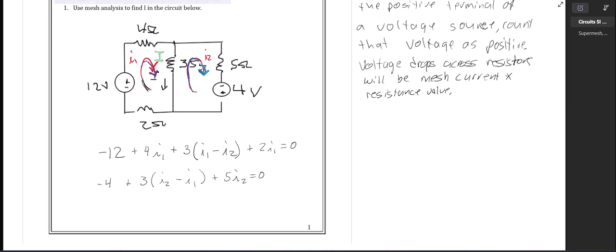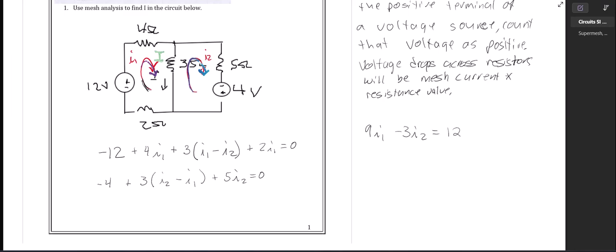And then if I simplify this, y'all keep an eye on me here. So this is 4 plus 3 is 7 plus 2 is 9, which does not look like any of my choices here. Oh, because I don't have this problem worked out. Okay, yeah. All right, so it's 9I1 minus 3I2 equals 12.